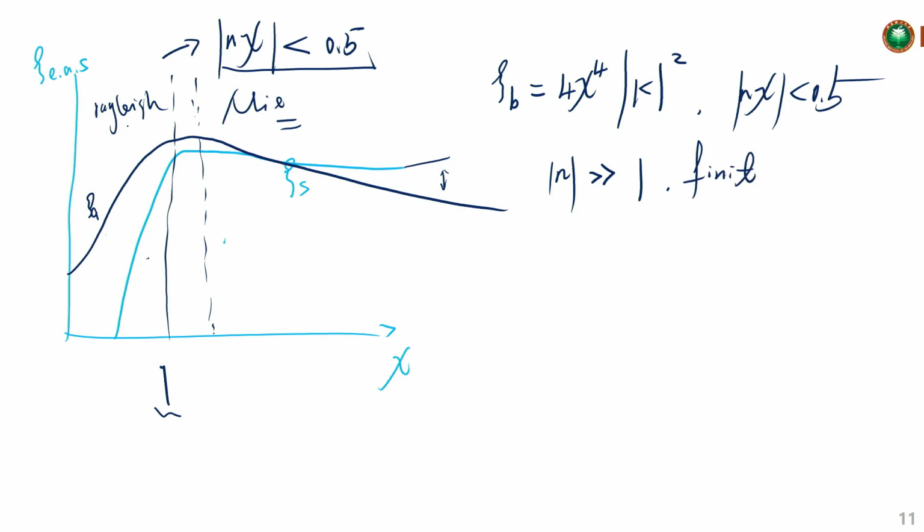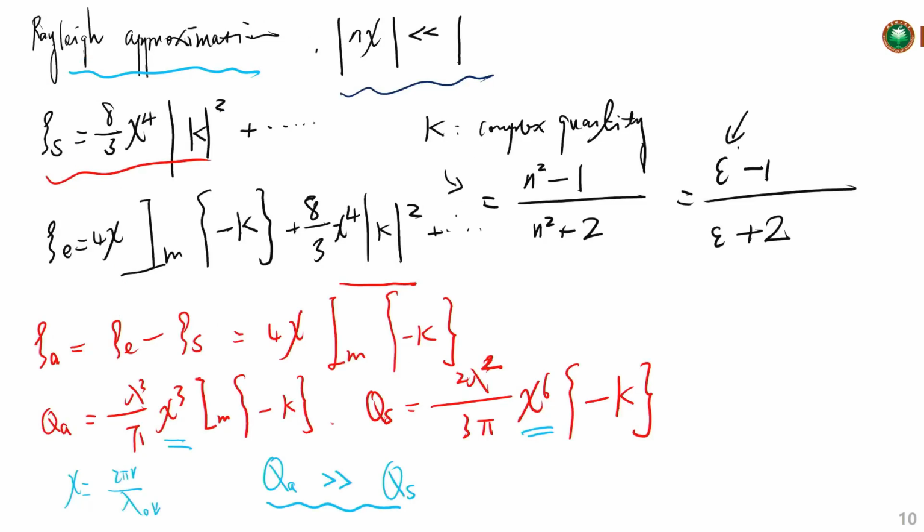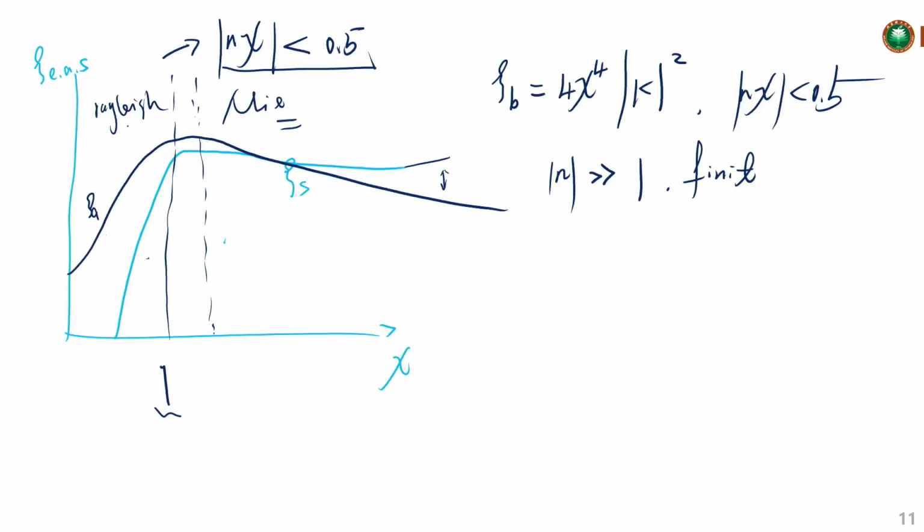So that means when we come back to here, where the refractive index is much higher than 1, this term is roughly equal to 1, so that k equals 1. So psi b equals 4 times chi to the power 4 under this condition.